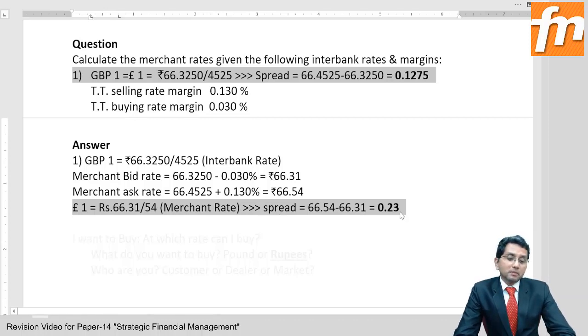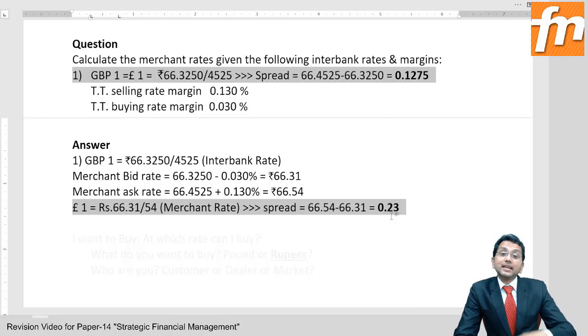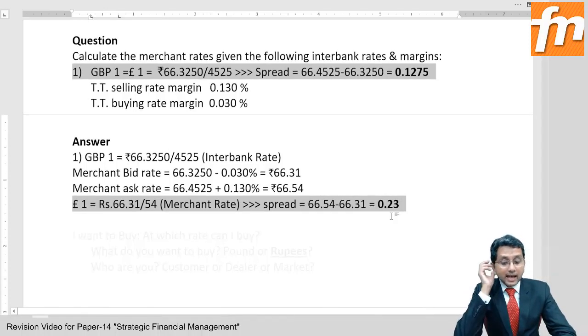So that is 23 paisa. Here it is roughly 13 paisa. Here it is 23 paisa. Why the bid ask spread of the merchant rate is higher? Because bid has become even lower due to deducting margin, and ask has gone further higher due to adding margin, and that's why this gap is there, right?